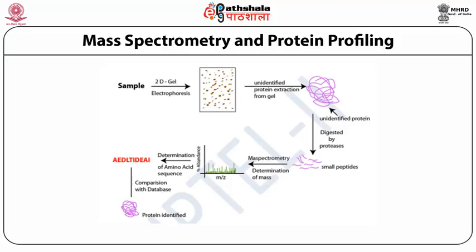These amino acid sequences can be compared with databases which include a large number of proteins. After determining the amino acid sequence from the peptide mass fingerprint, we can compare these sequences with the databases, such as UniProt, where data has already been submitted. From there we can identify our unidentified proteins, and we can also know their functions which have already been submitted in the databases.